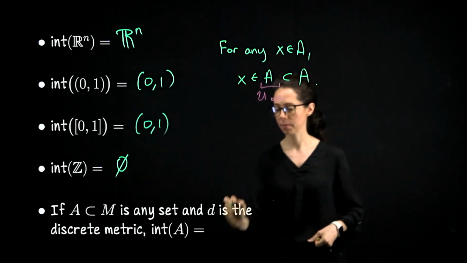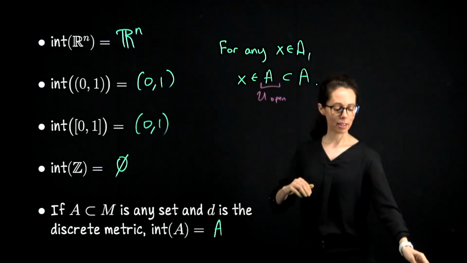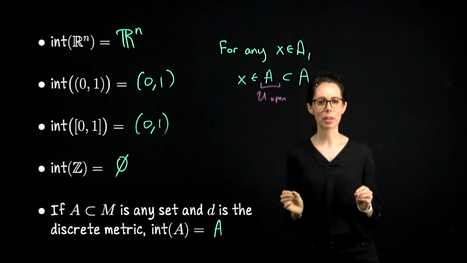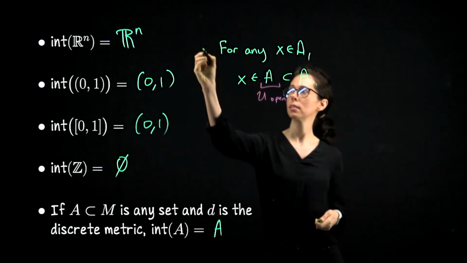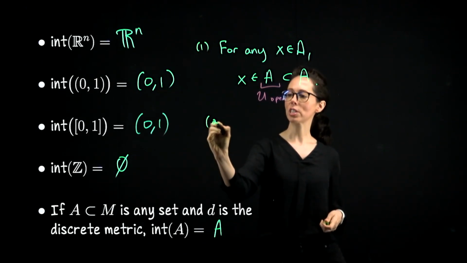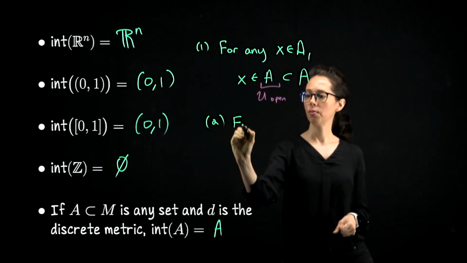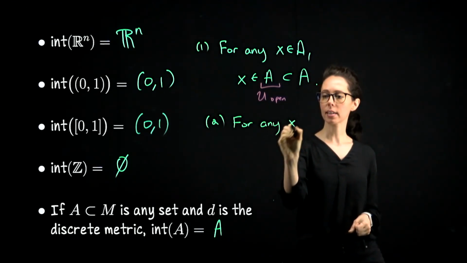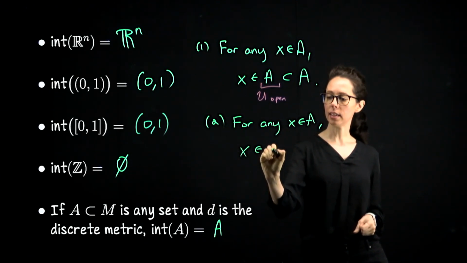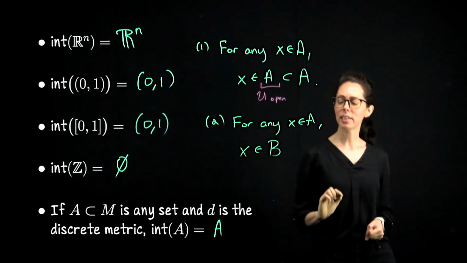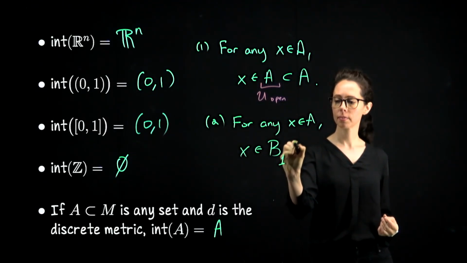Put it all together, and the interior of any set in a discrete metric space is that set itself. If you don't like this, let me give you a second version, which again mirrors the second version for our first example. For any x in A, x is in the neighborhood of radius, you could go all the way up to 1 if you like, around x.